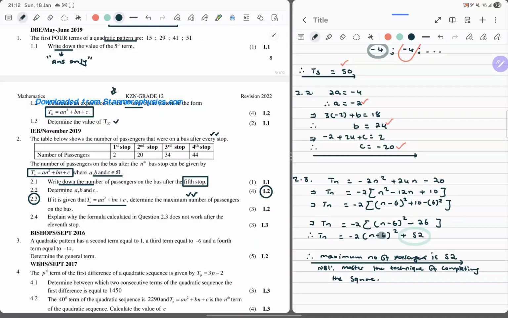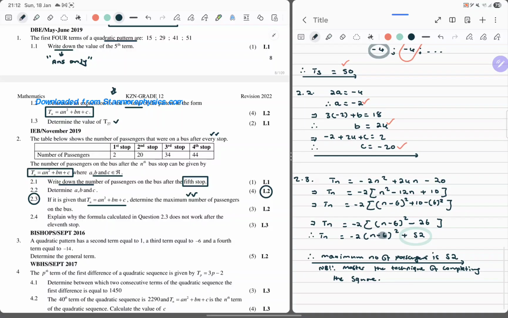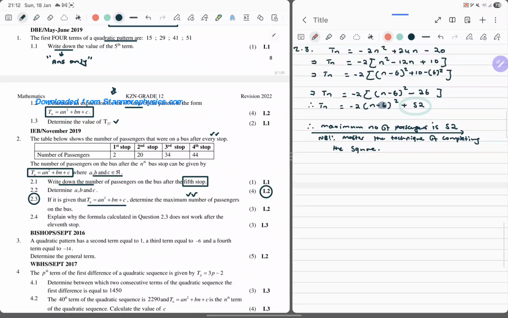But for the sake of not trying to make the video too long, as I said, students can still use n is equal to minus b over 2a, and then substitute into T of minus b over 2a, to find the term.